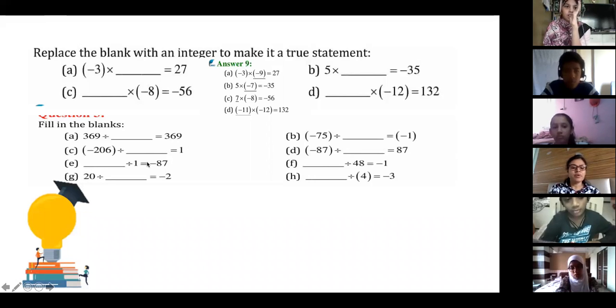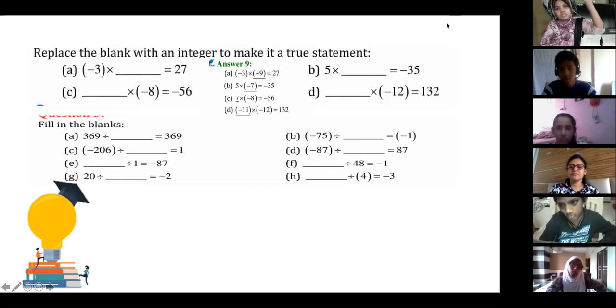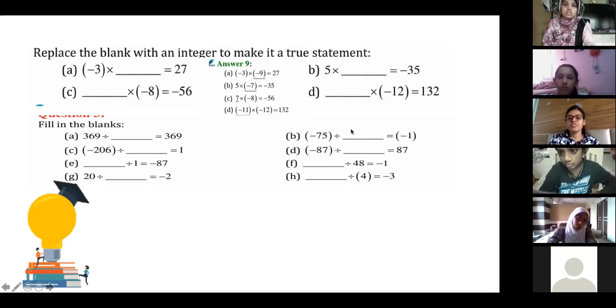Yes, 1. Humera, minus 75 divided by dash is equal to minus 1. So what will I divide here? Minus 75 and minus 1. Divided by only 75. Okay.